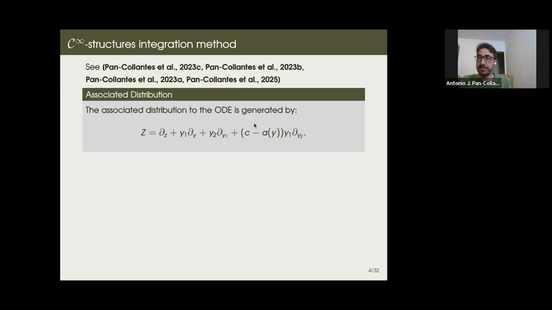As a first step, we substitute the target ODE, our goal, with the associated distribution, that is, the distribution generated by this vector field set.